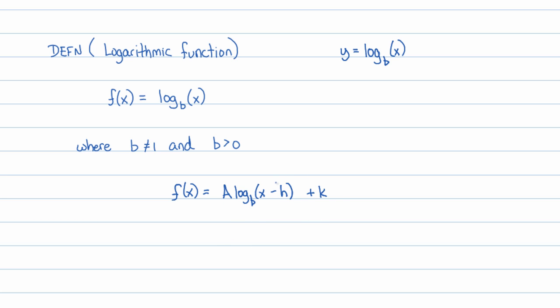But the fact is that it doesn't just have to be log base b of x. It could be 3 times log base 7 of x minus 4 plus 10 or something like that. It could be anything like that. So this is a logarithmic function as well. Don't want to fool you into thinking that they're all just these simple looking things.